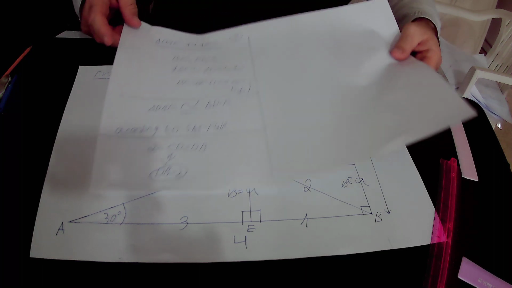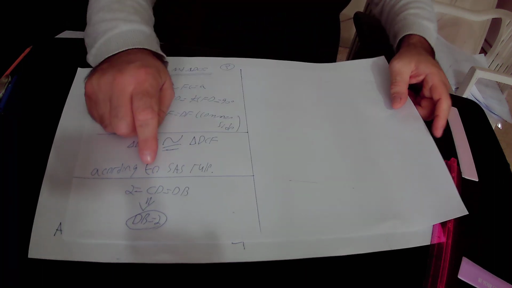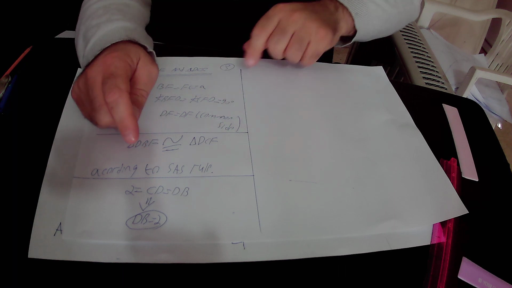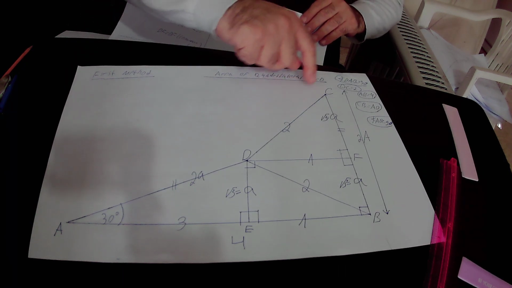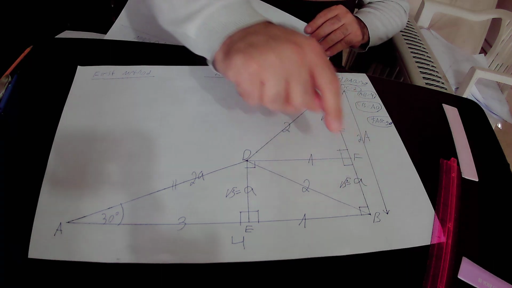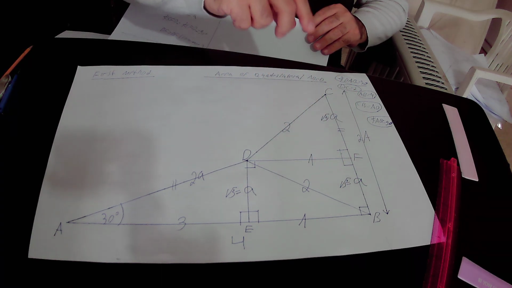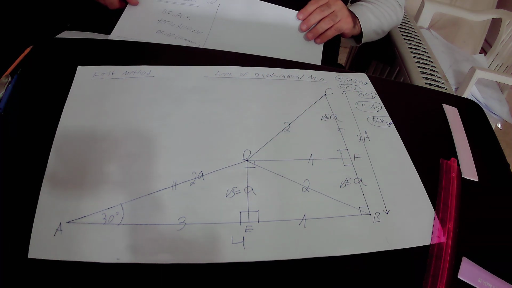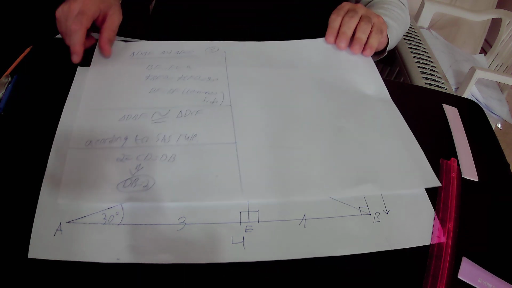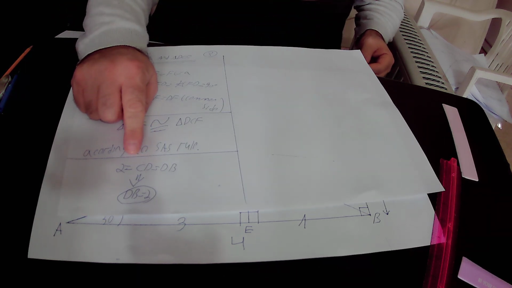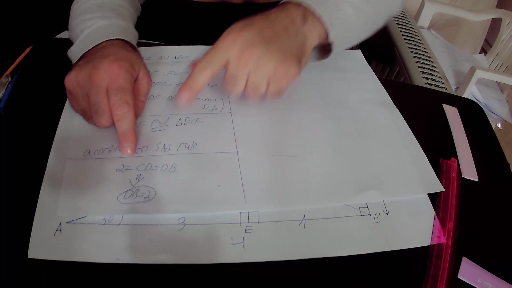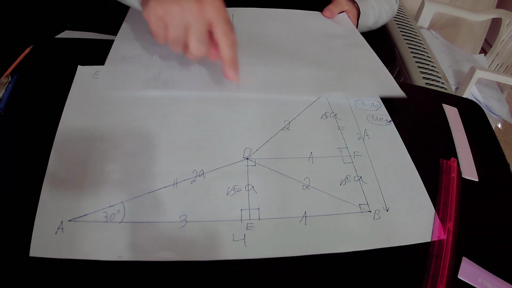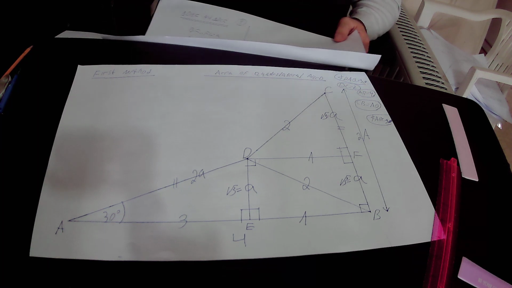From the fact that those two triangles are congruent, we conclude that CD equals DB, according to the rule that corresponding sides in congruent triangles are equal to each other. But it is given in the question that CD equals 2. So from this we derive that BD also equals 2 units.